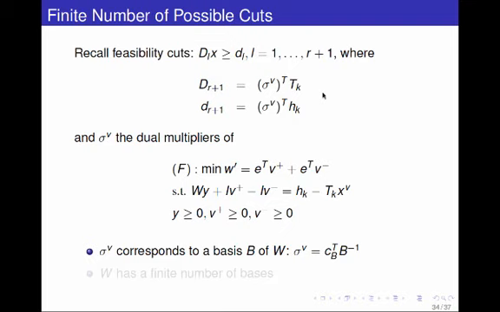There are only finitely many optimal bases of this problem, so you can only get finitely many feasibility cuts. That's the argument of why this can only happen a finite number of times.